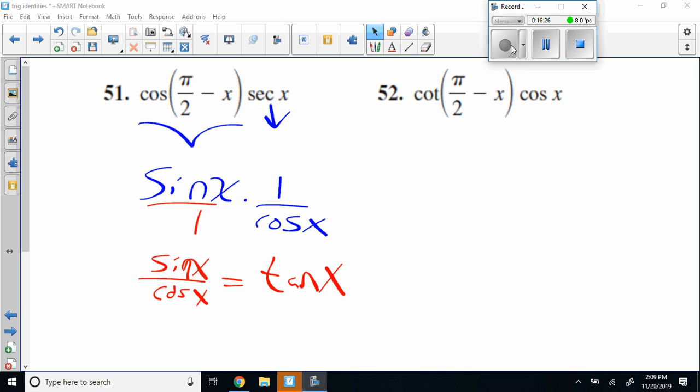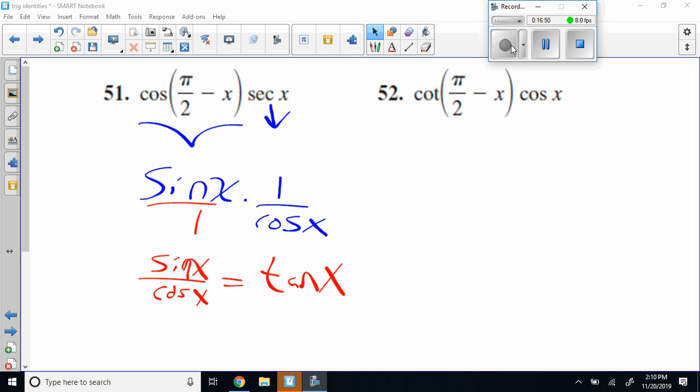I said it's tangent x. Y'all agree? I think I got it. Okay, let's do 52. Y'all with me? Good.